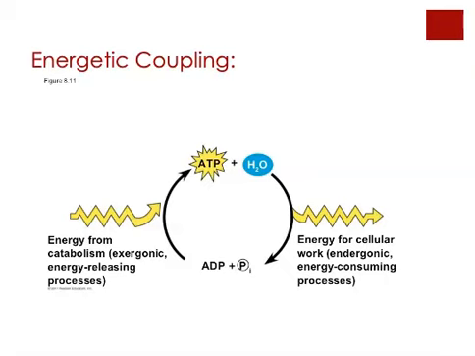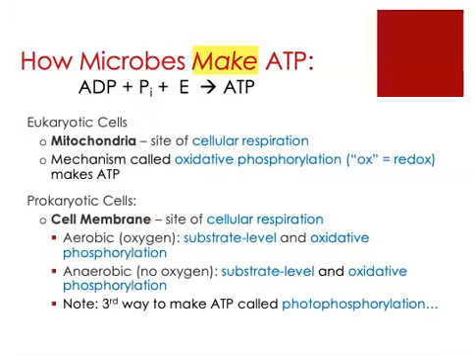Cells build ATP, produce ATP in other metabolic reactions. Let's spend a minute and just introduce those. In eukaryotic cells, like human cells, there are mitochondria that are devoted to the production of ATP in a process that we call cellular respiration and oxidative phosphorylation.